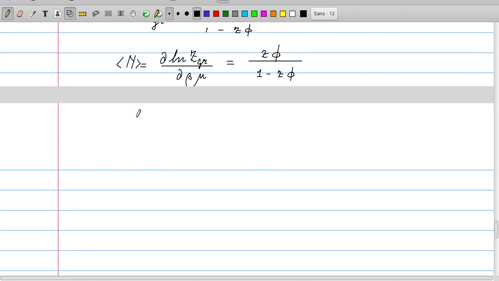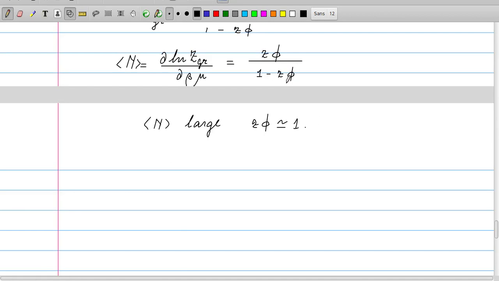Now n is the number of particles that are absorbed by the system, or the number of particles in the solid. The solid has a macroscopic number of atoms, so n should be large. The only way n can be large is by choosing z phi approximately equal to 1.